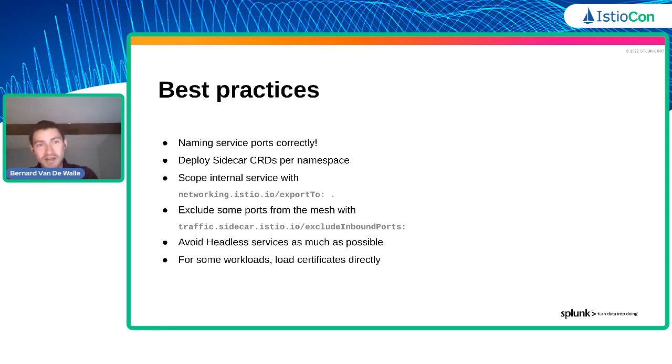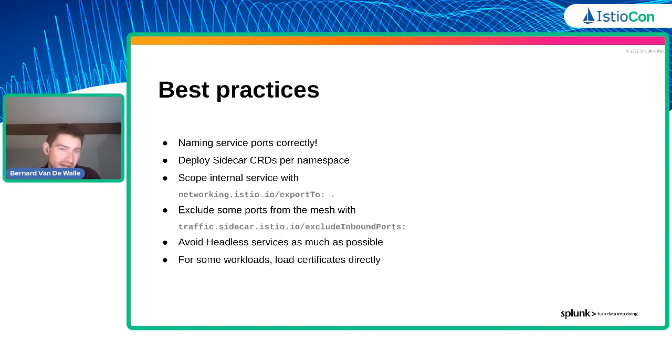The other one, as I said, is sidecar CRDs. We make heavy use of them, and we use a default one in the Istio root namespace, in istio-system. That means that by default, each namespace only gets access to its own namespace with Istio. And since we've got a lot of microservices that talk to each other, you need to override that one and add the other namespaces you want to import configuration from.